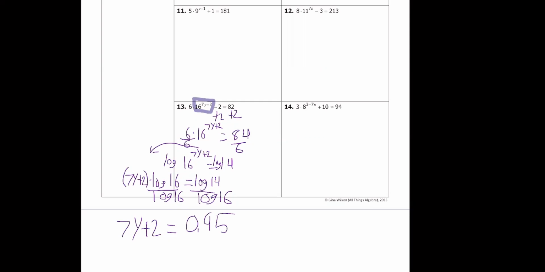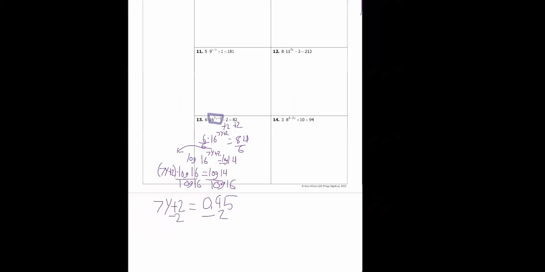Honestly, usually I don't round, I just keep this in my calculator, like 0.9518387305. I keep it in my calculator and then solve from there. So I would subtract the 2. It's approximately -1.04 or 5 if I round it up. Then divide by 7. So it'd be approximately -0.15, if you round a little bit.